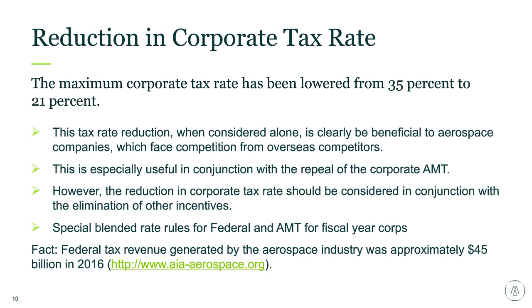Then we have an interesting fact here, which is that the aerospace industry generated $45 billion in tax revenues in 2016. I would guess that this number would probably be significantly higher in 2017, given the state of the industry. Next up, Kurt is going to be talking about the 20% deduction for pass-through businesses.